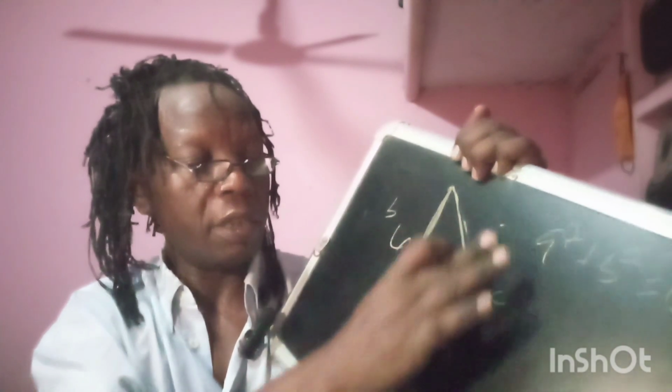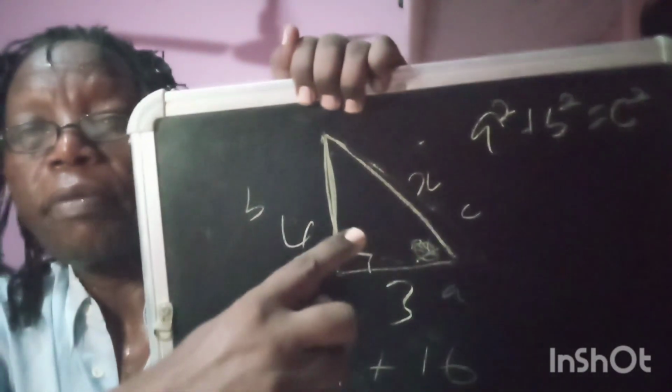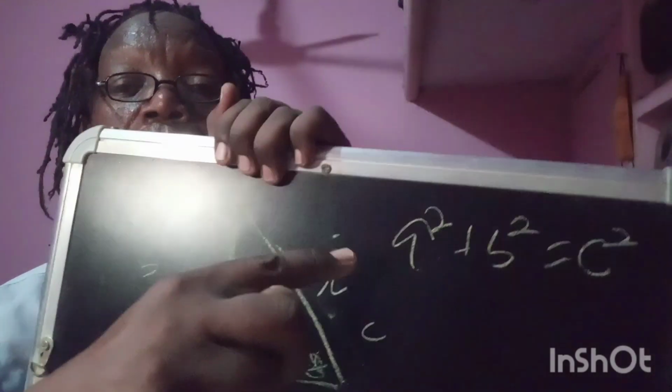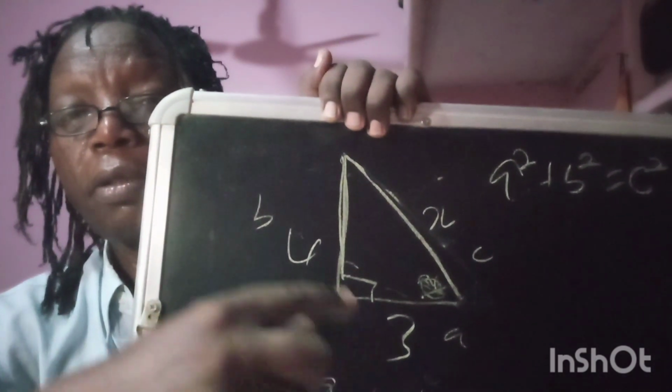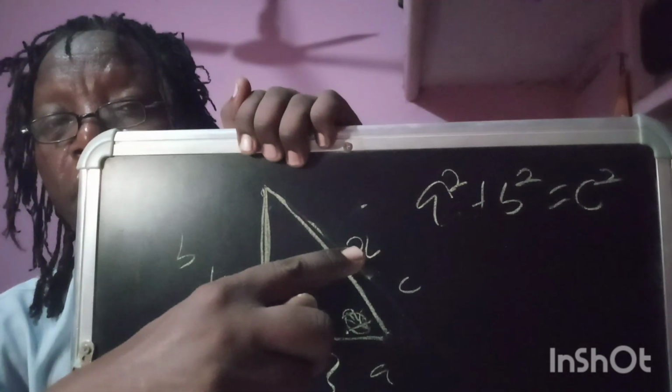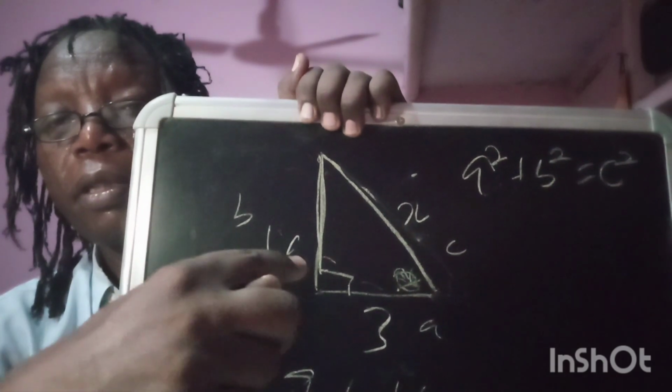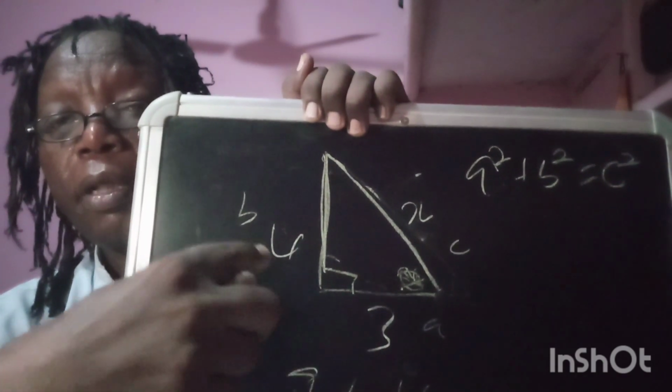Now suppose we don't know this value. Let's say this value is x. We don't know it, but if you follow the formula here, we're going to know it, because it says that if you square these two and add them, you take the square root of that. So this plus this is 9 plus 16.